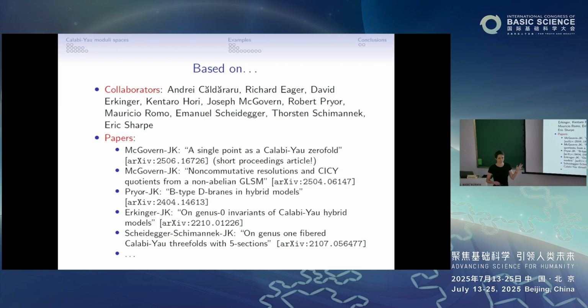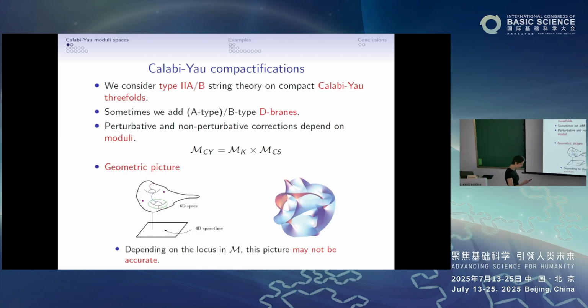The papers we are writing are usually very long and very technical, but very recently my postdoc Joseph McGovern and I wrote a short proceedings article that is a toy example that exhibits many of the phenomena I want to talk about. So if you want something entertaining to read on your trip back home about a Calabi-Yau that is zero-dimensional, I recommend this one. All right, so let's get started.